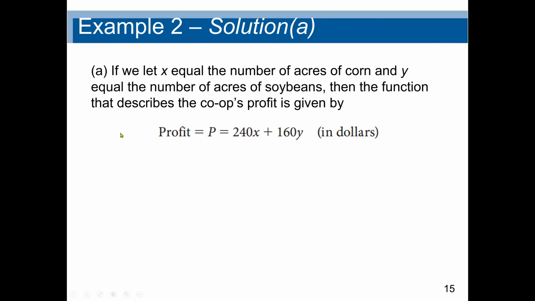For part A, we let X equal the number of acres of corn, and Y be the number of acres for the soybeans. Then the function that describes the co-op profit will be our objective function, because they say the profit is $240 per acre of corn.